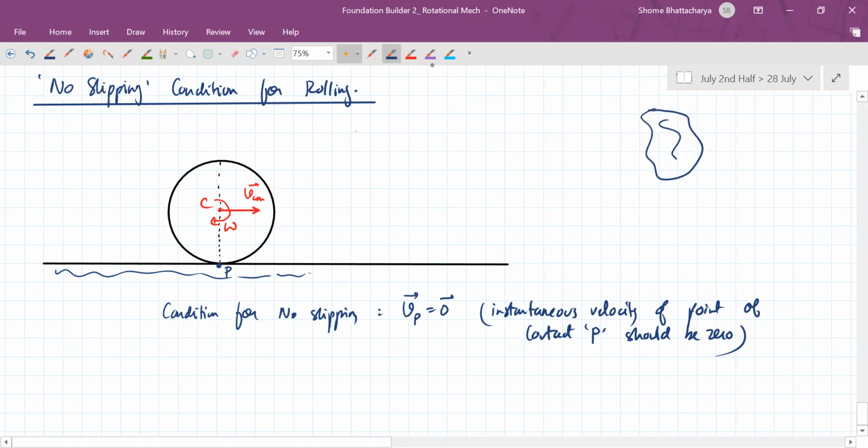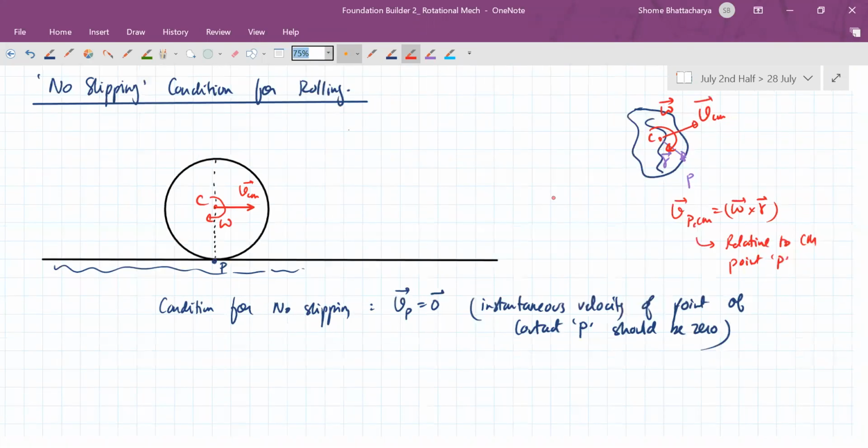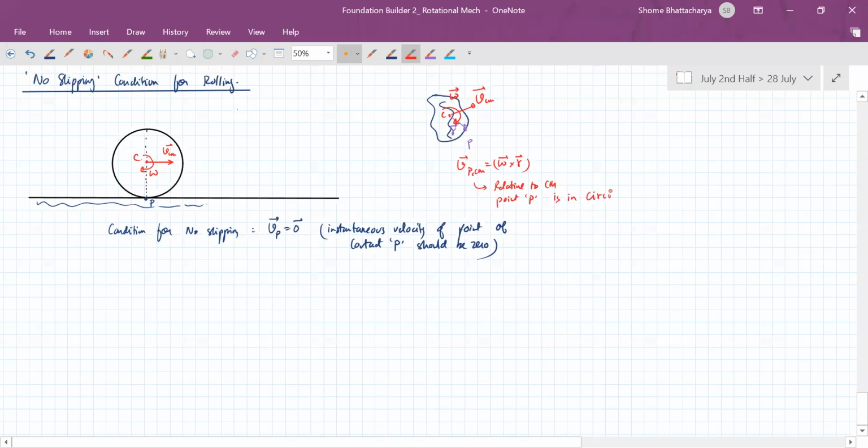So for that, I'll just remind you the general concept that if an object is moving such that the center of mass has a velocity v like this, and about the center of mass there's an angular velocity omega, and we're talking about any general point like this, let's say, then if that point has a position vector r with respect to the center of mass, then we know that the velocity of the point with respect to the center of mass is omega cross r, because relative to the center of mass, the point P is in circular motion, such that its radius vector is r and the angular velocity is omega.